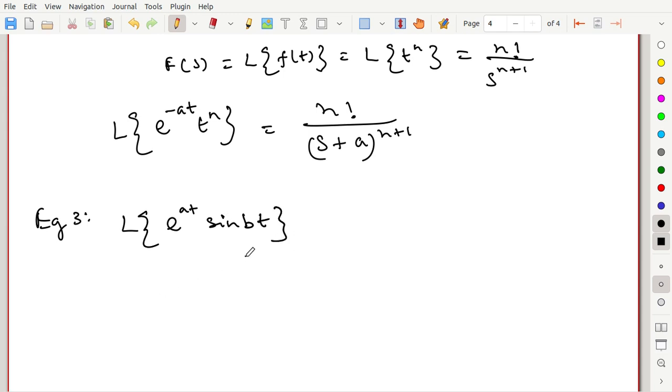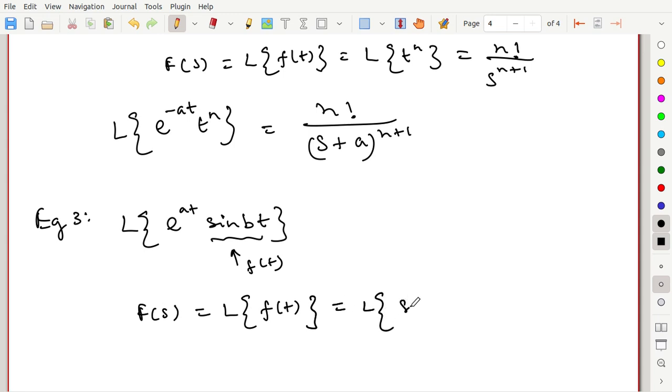For that we take sin bt as our f of t, and first find F of s, which is L of sin bt. Since it is a sine, we have b in the numerator, and since it's a trigonometric function with no h, we use plus: s square plus b square.